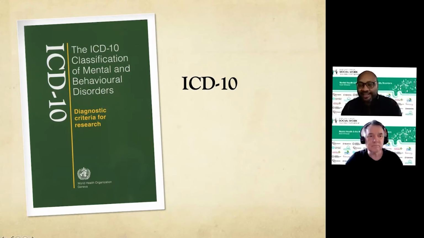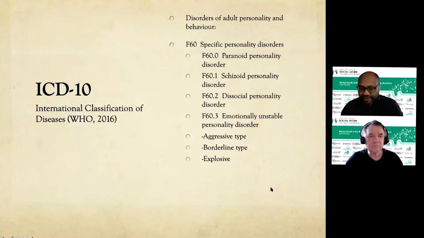So the ICD-10 was similar in that it also clustered disorders in a similar pattern. They were coded under F60. You had paranoid personality, dissocial, slightly different. They replaced borderline with emotionally unstable. It was felt to be a more supportive kind of thing.